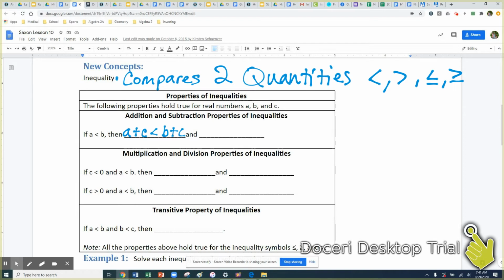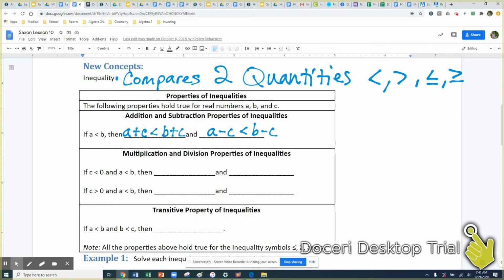If you add a constant amount C to both sides, the A side is still going to be less. And same thing if you subtract the same amount on both sides. So if we add or subtract the same amount on both sides of an inequality, it's still going to stay the same. The A is going to be the side that's the less than.